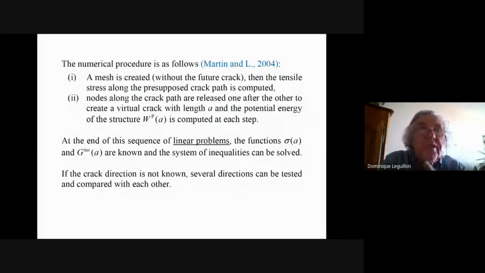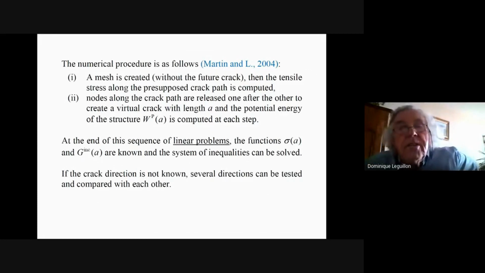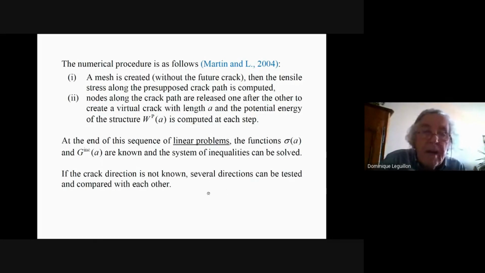For instance, in the three-point bending test on the V-notch experiment, we know that the crack starts along the bisector of the V-notch. When it is not known, but we know at least at which point it starts, then we can try several directions and compare them in order to decide which direction is that of the crack.